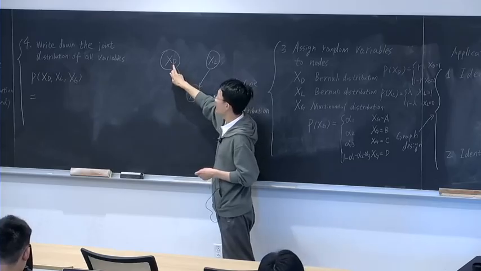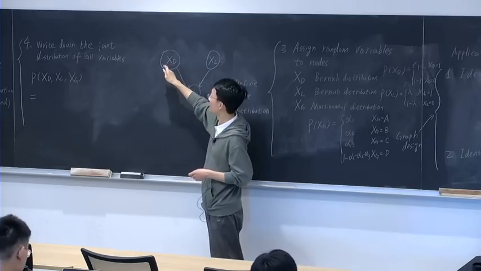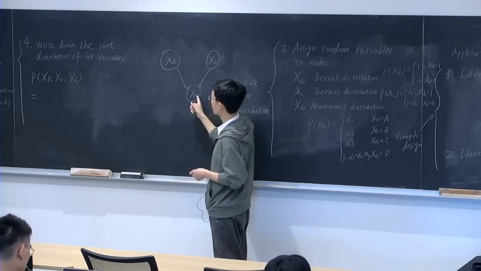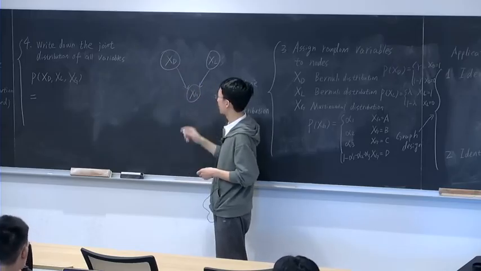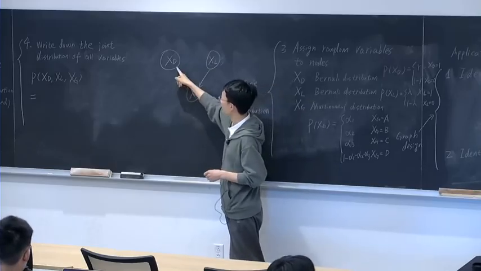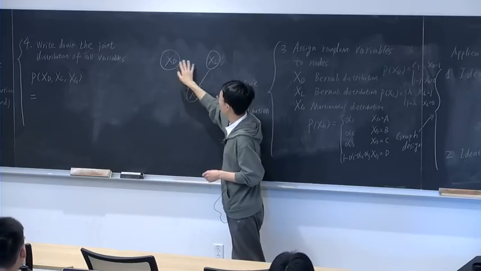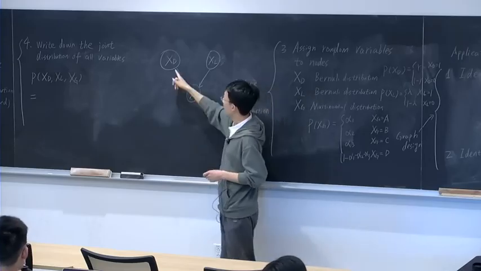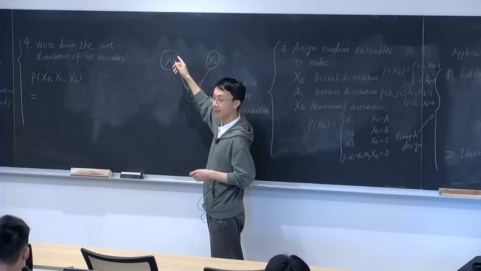If the node does not have a parent... here xd has no parent, xl has no parent, and xg has 2 parents, D and L are the parents of this node. This is a concept in graph theory. In a directed graph, if there are connections from these 2 nodes to this one, then these 2 nodes are called the parents of this node. D and L have no parent because there are no directed connections pointing to them.